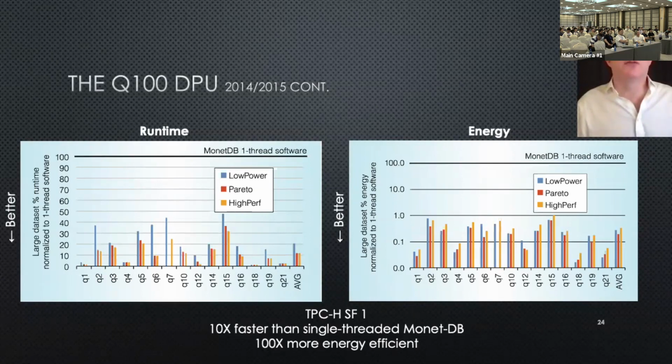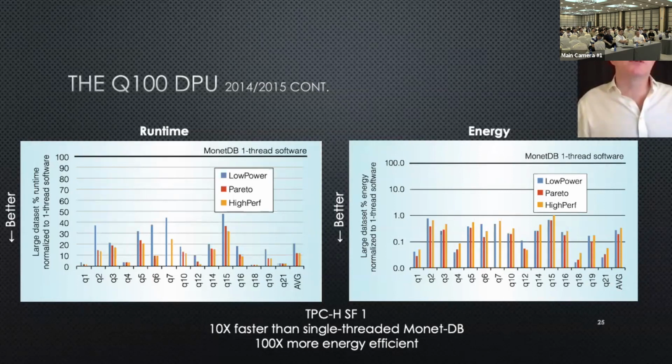On the right, we see the energy consumption of the accelerator. And here, the improvement is much more dramatic compared to software. It's a factor of 100 compared to the single-threaded software implementation of MonetDB.